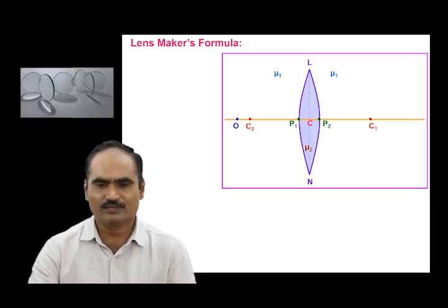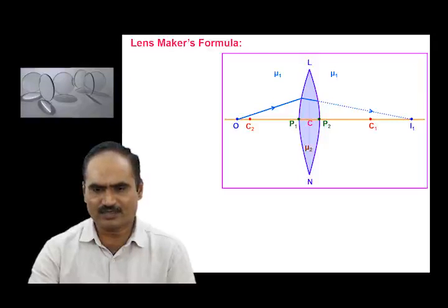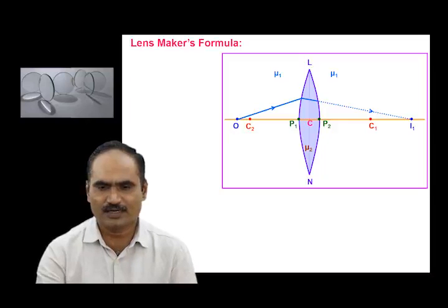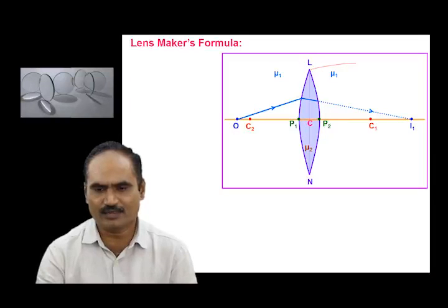So if an object is at O, let us see how the image forms. Now we forget about the second surface, that is LP2N. Only consider this surface, and apply these formulas. Let us consider a complete glass medium with a convex surface here.